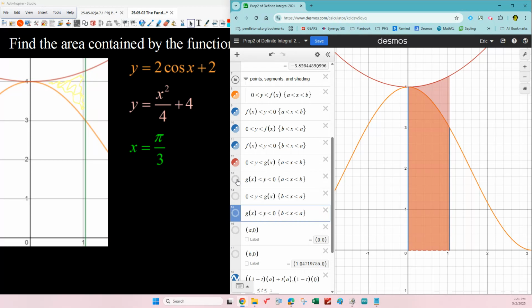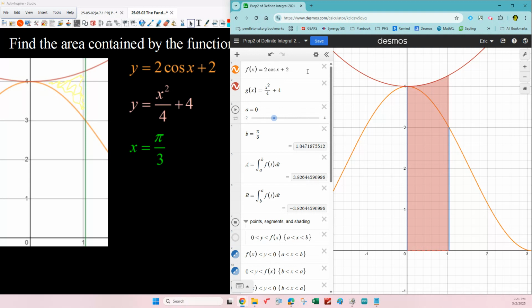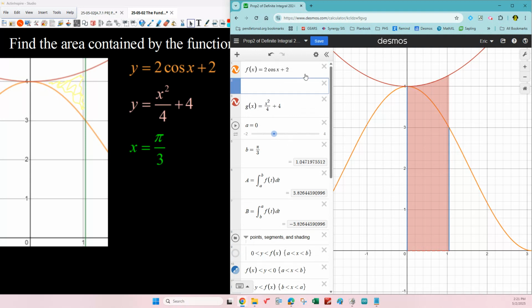Look at that. Right? So if I just subtract that orange area away from the red area, right? Because that's the area under the red curve from 0 to pi thirds, right? There's the vertical line, and let's graph it.